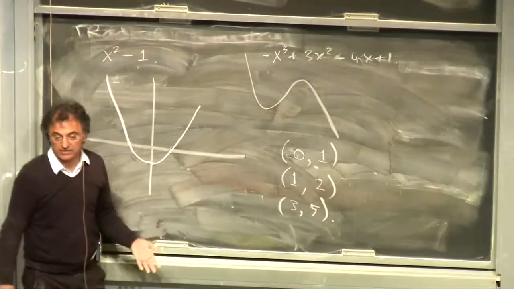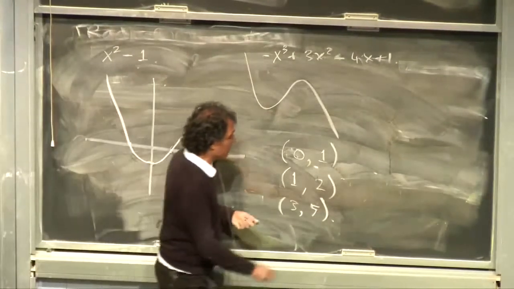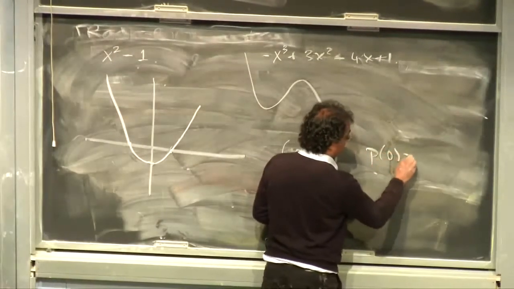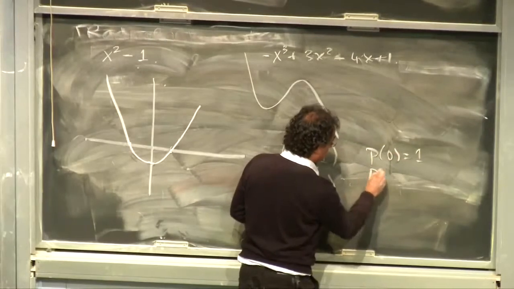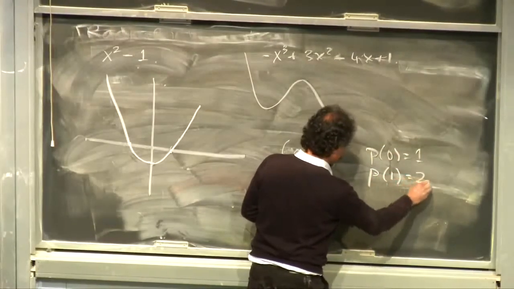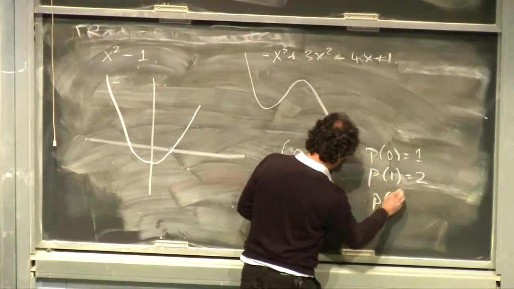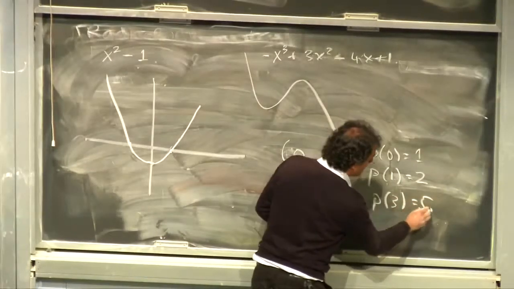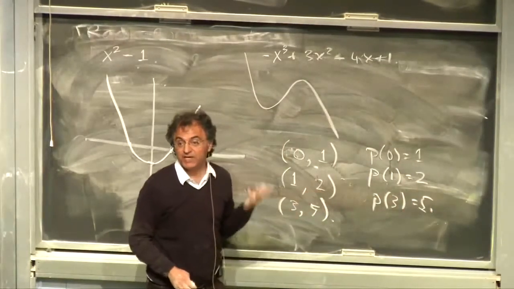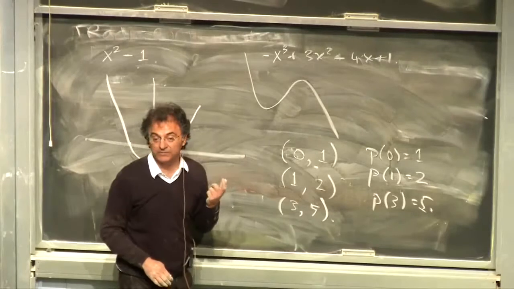So these are just points I want to go through. I want P of 0 equal to 1, P of 1 equal to 2, P of 3 equal to 5. And I want a polynomial of degree 2. I'm guaranteed a unique polynomial of degree 2.